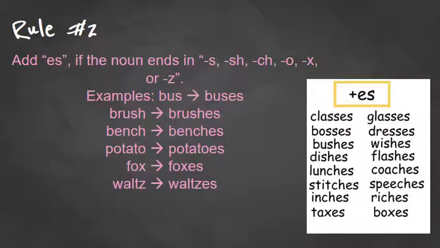Rule number 2, pay attention. We add es only if the noun ends in s, sh, ch, o, x, or z.